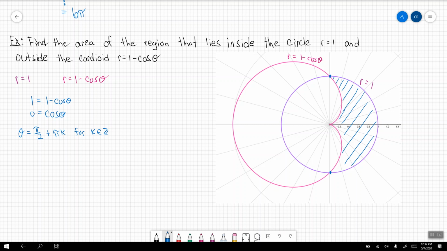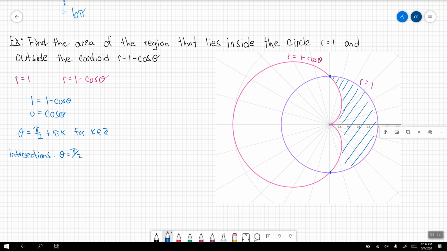Now, I've got to find these two intersections. Naturally, the first one that I see right up here is pi halves. But the way we're integrating with polar coordinates means that when we set up our integral, the bounds must be increasing from the bottom towards the top.